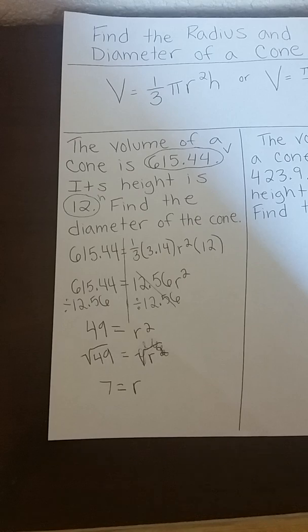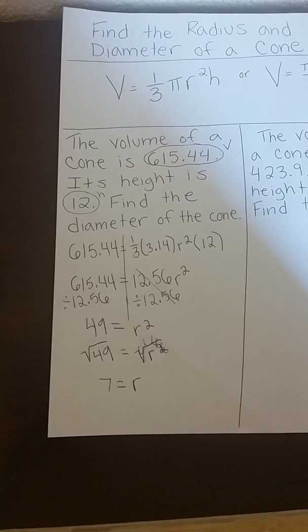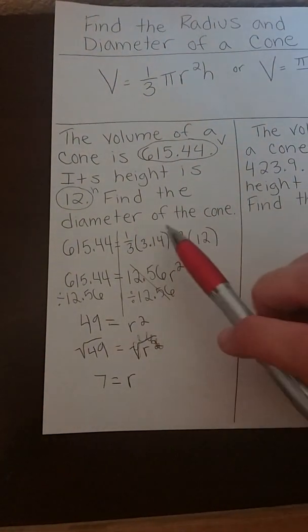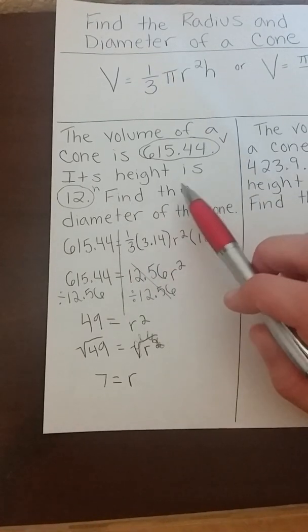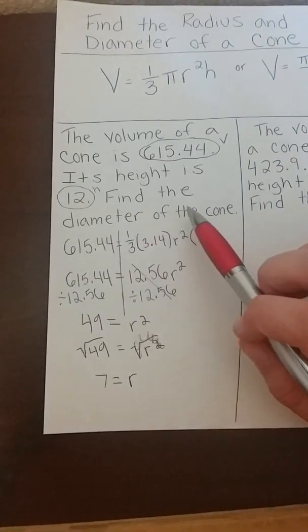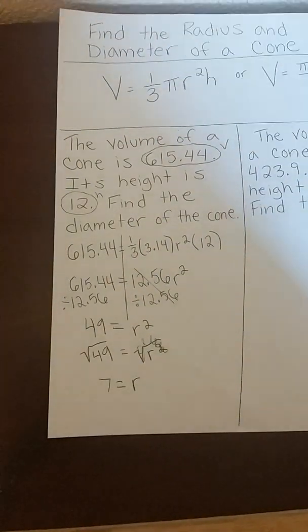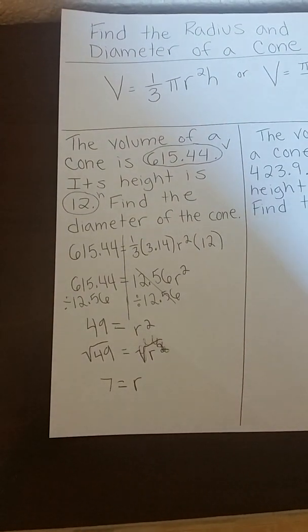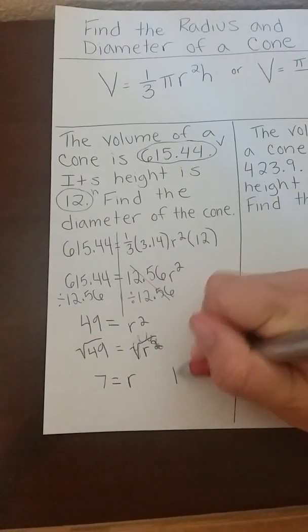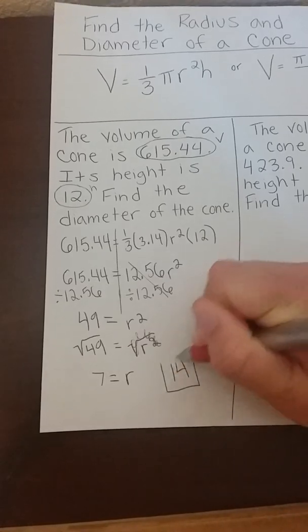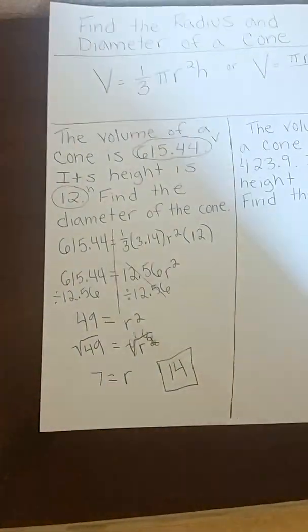So I have 7 equals r. Now, that's not my final answer, because if I go back to the question, it says find the diameter of the cone. Diameter is double the radius. So if the radius is 7, the diameter is 14. So that's my answer to this problem.